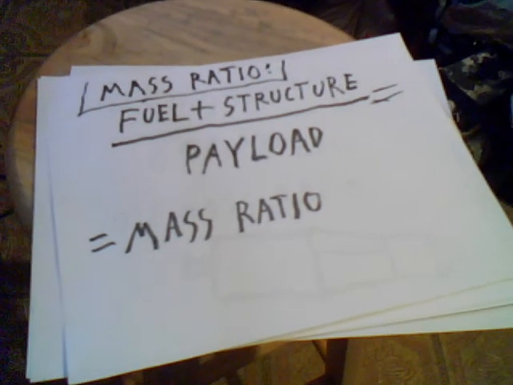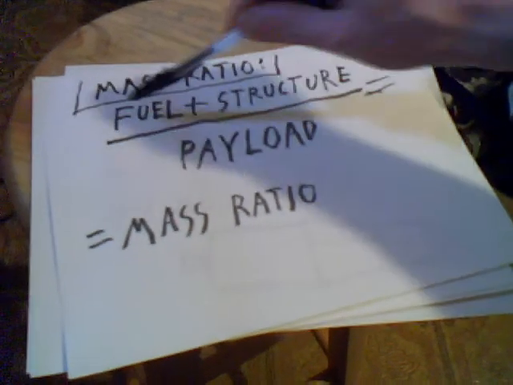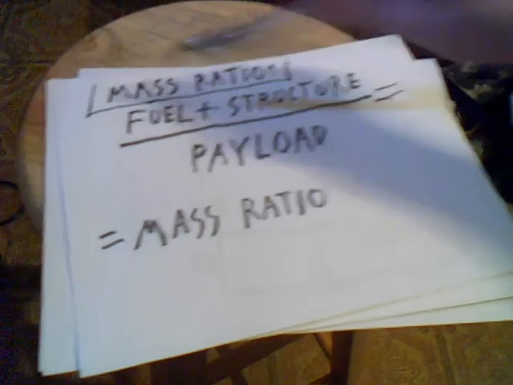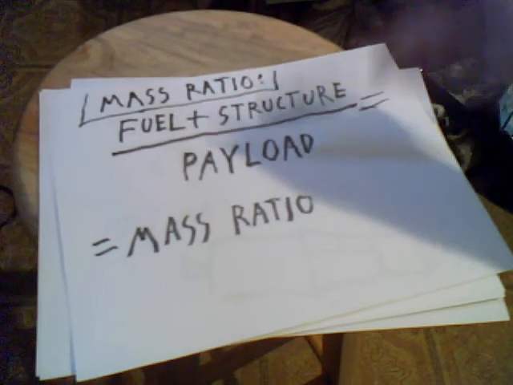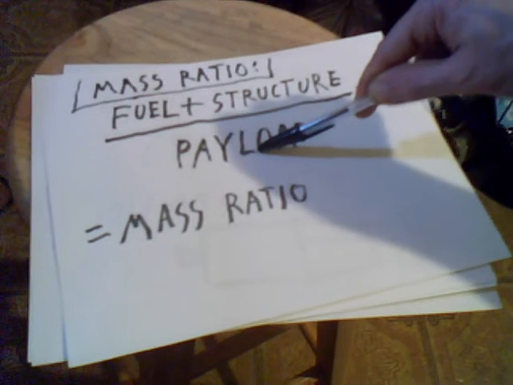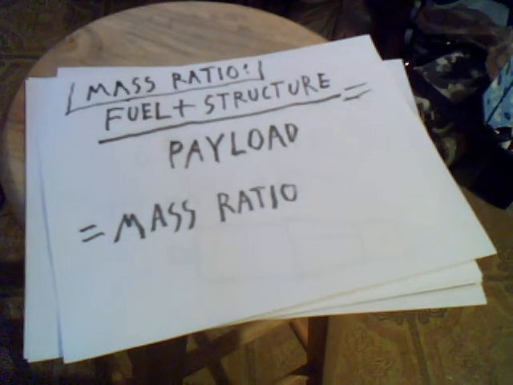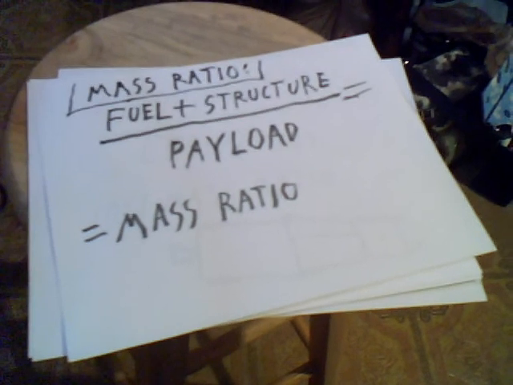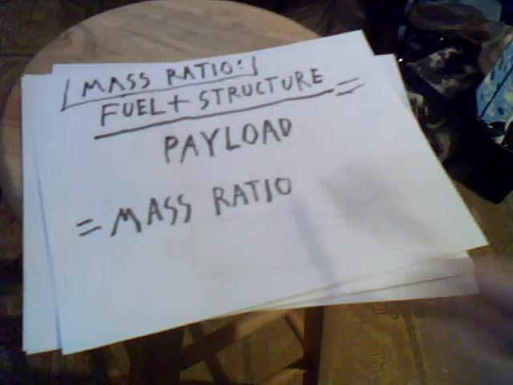So go to your table and pick something up and figure out your own mass ratio. How much fuel you put in your body, what your body structure weight is, and how much the weight is. Everything's about weight. The payload is what you're picking up off the floor or off the table. That is your mass ratio.